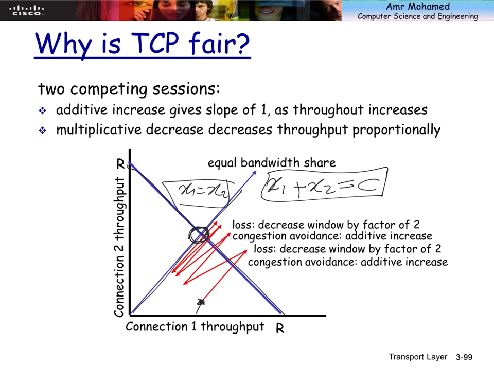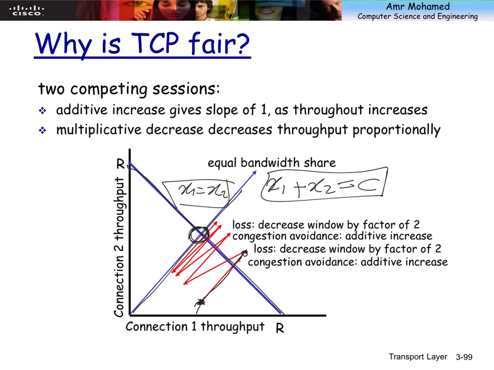So from this point, each of the connections will start increasing the window in the same way, right? Which will grow linearly like this, okay, until you hit a point which is above the capacity somehow. So at this point, you are above the capacity, okay?